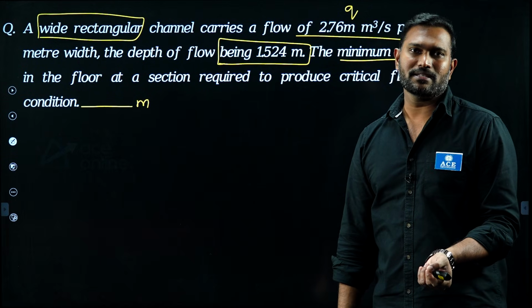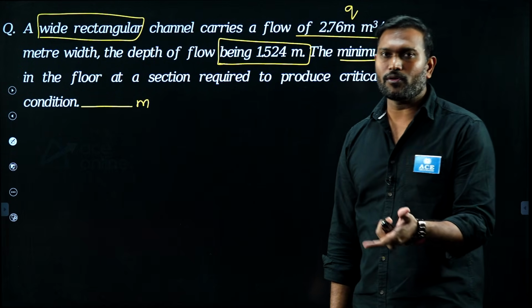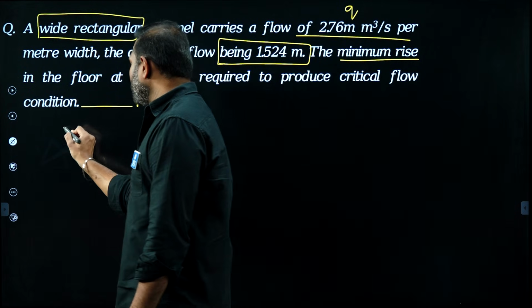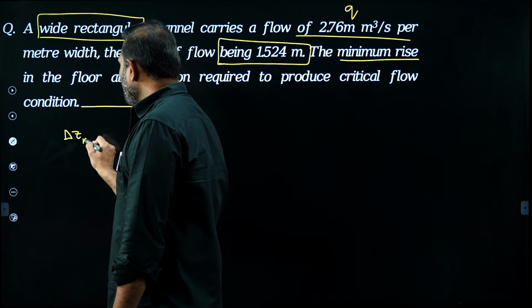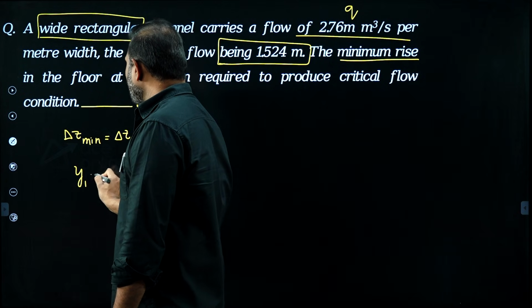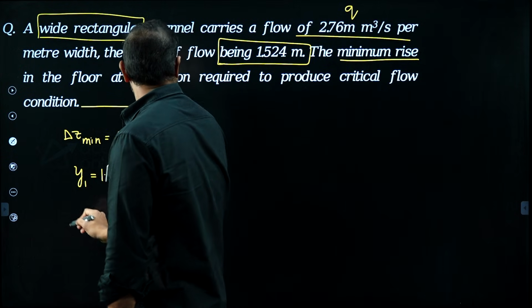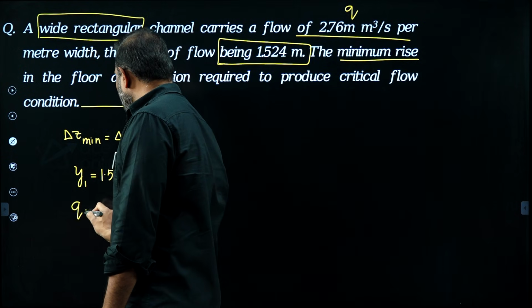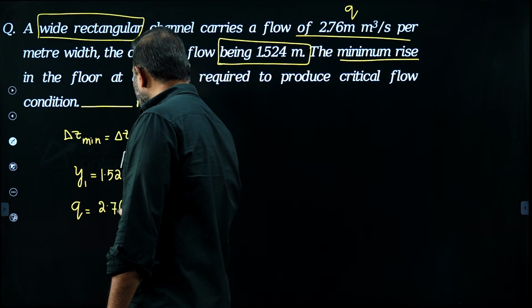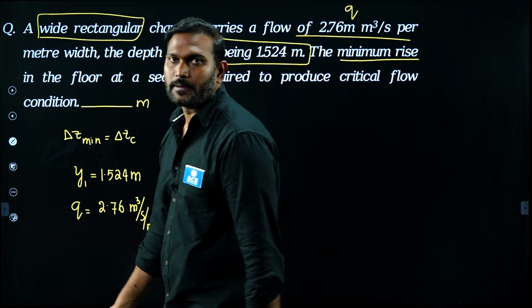What is the minimum rise to produce a critical flow? Delta Z C. So delta Z minimum is nothing but delta Z C. Given Y1 is 1.524 meters, and the Q value is 2.76 meter cube per second per meter.